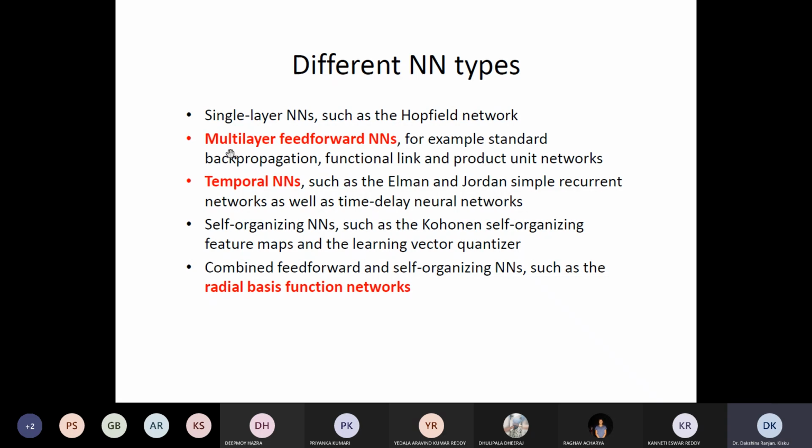Next, our neural network type may be the multi-layer feed forward neural network. So what is a multi-layer feed forward neural network? For example, the standard backpropagation neural network, or the functional link and product unit network. These are examples of multi-layer feed forward neural networks. A multi-layer feed forward neural network basically learns nonlinear functions.